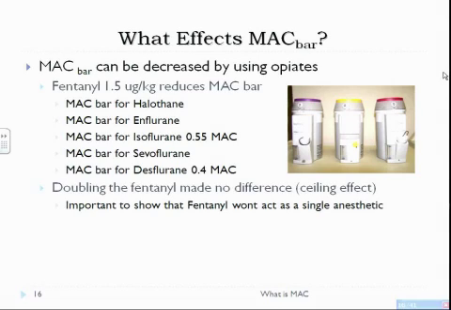So that's a pretty significant decrease by giving a higher dose of a narcotic. And if you look at the desflurane people that are big desflurane proponents, they are giving 1.5 mics per kilo of fentanyl almost up front. Sometimes if you ask them why they're doing it, they don't tell you. They don't understand why. It has to do with these studies that they did back in the 90s where they were giving these agents to hit that MAC bar ceiling. Yes?